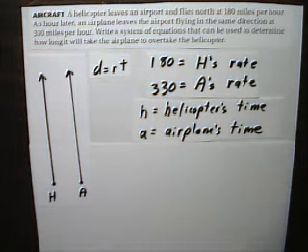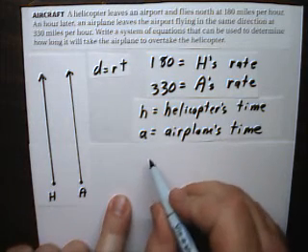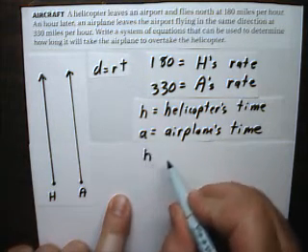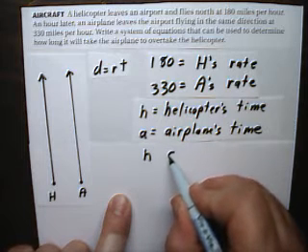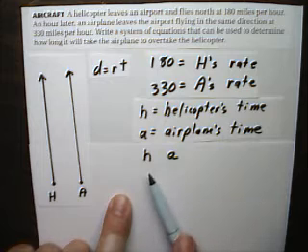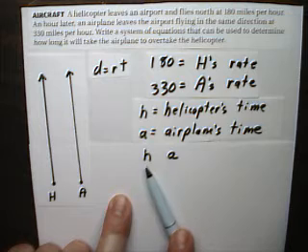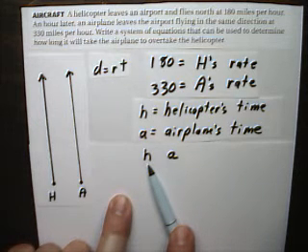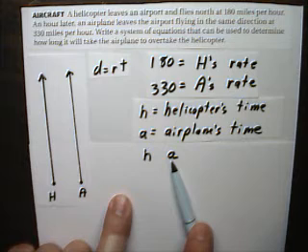So trying to put that into an equation should be relatively simple, but it has to be done carefully. A technique that I use is I write the h and the a, these are the two times, and then I try to figure out which one is greater. And the helicopter's time is greater because it left an hour earlier. After the helicopter has been in the air for an hour, this would be 0 because it's just leaving.